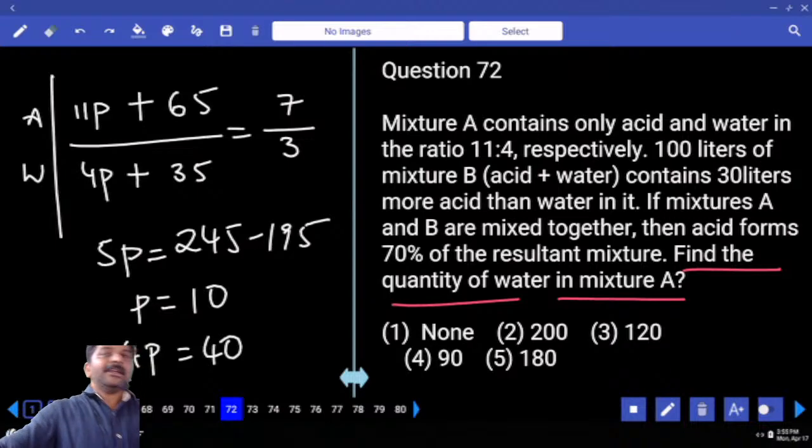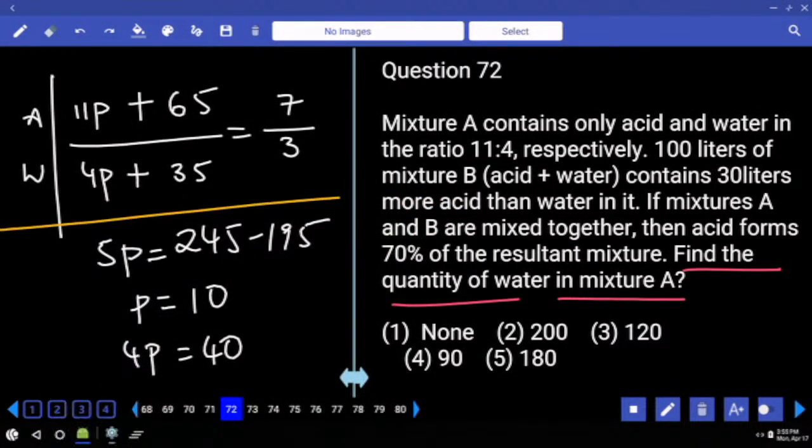This is the solution. But what I am saying is, once after writing this you can stop. Look at the denominator, 4 parts plus 35. That means 4 parts plus 35 should be a 3 multiple value. The 4 parts value is given in the options.